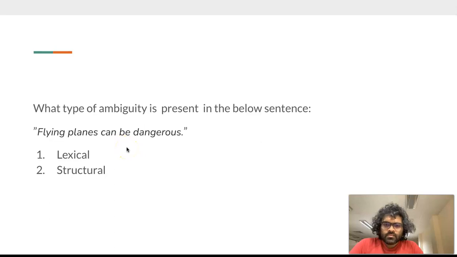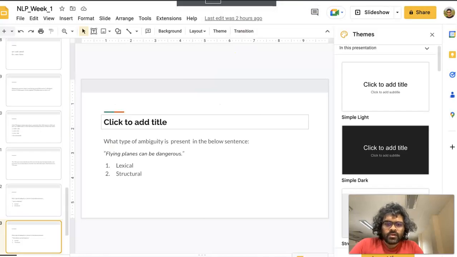That is the problem, and that's why this ambiguity arises. I don't want to waste much time here. Basically this is structural ambiguity, because it can be parsed as flying planes as a whole can be dangerous, or flying the planes can be dangerous. I hope you get the thing.